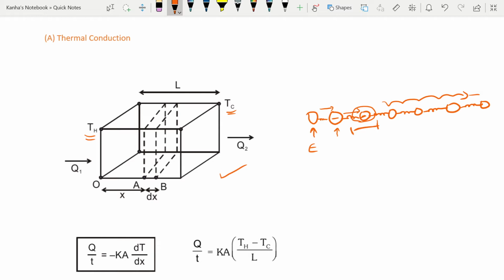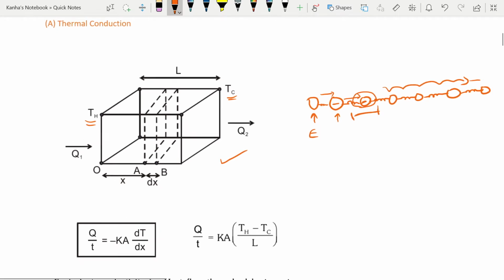Now through experiment it was shown that the amount of heat crossing the area A of the slab at position x in time t is given by Q by t, where Q is the heat, so Q by t is equal to minus KA into dT by dx, where K is a constant which depends on the material of the slab, and we also call it the conductivity of the material. Note also that dT by dx is nothing but the temperature gradient.